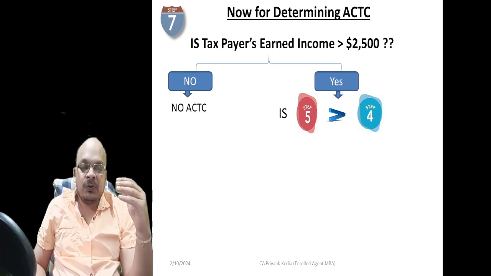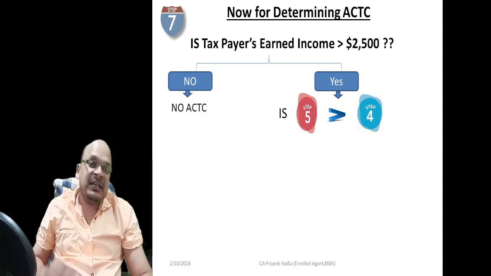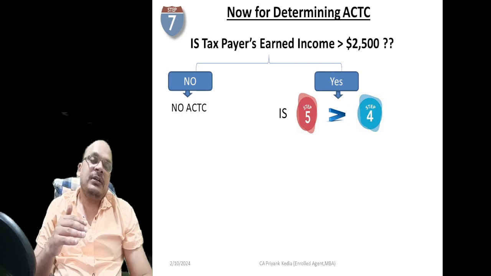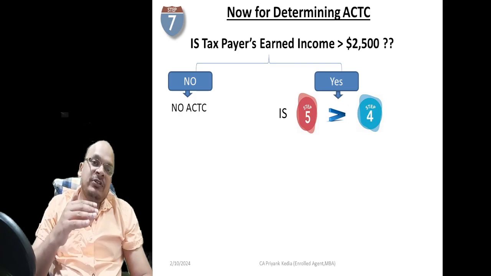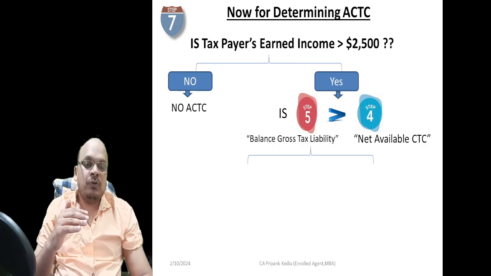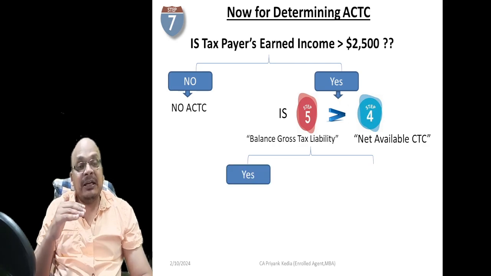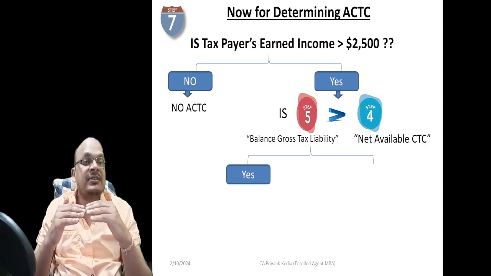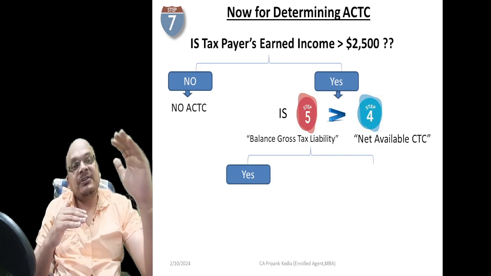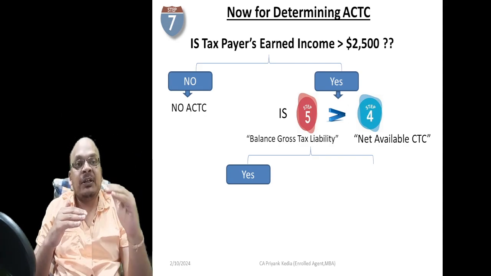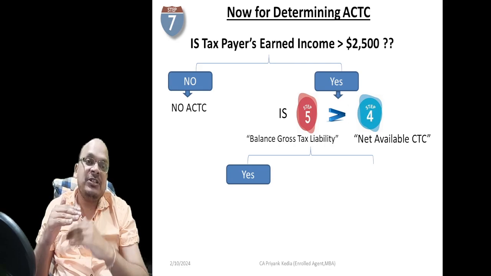And if yes, then what we have to do is compare the balance gross tax liability that we calculated in step 5, right? Is it more than the available child tax credit as calculated in step 4 after the phase out amount, right? Is it more than that? If it is yes, that means the balance gross tax liability, even after utilizing all the other non-refundable credit, was more than the available child tax credit.